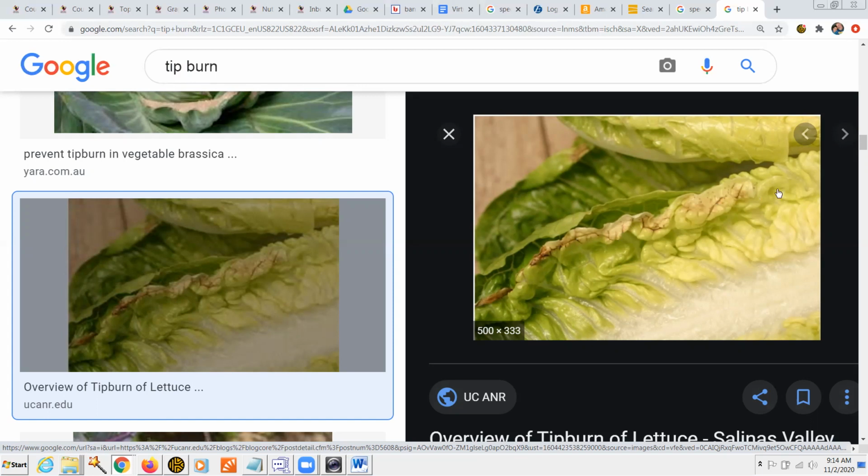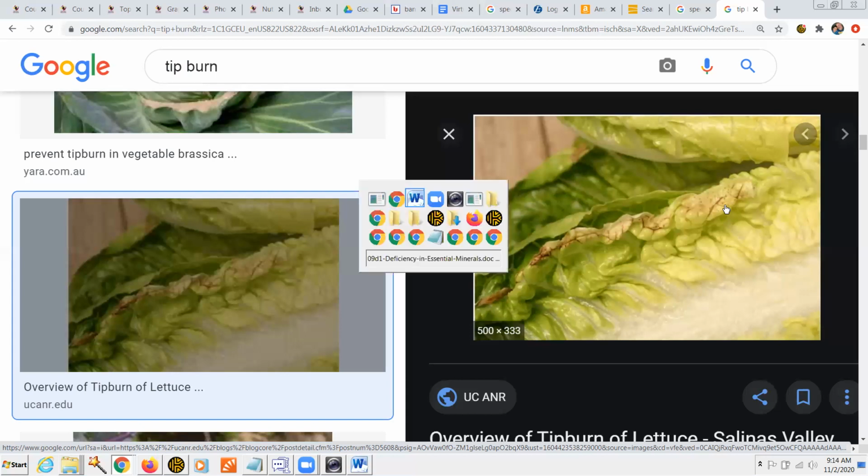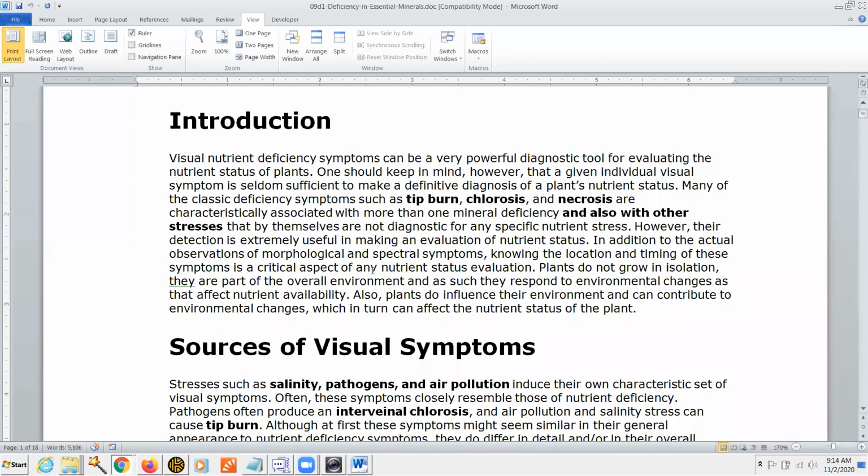Tip burn is a very serious condition of lettuce that primarily occurs in warm weather or unusually warm conditions for any given variety. So tip burn is one right out of the gate that I want to point out.